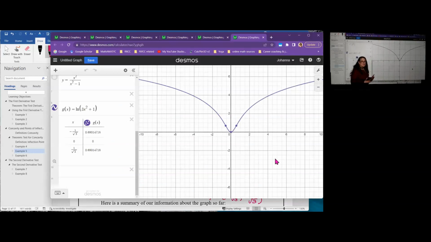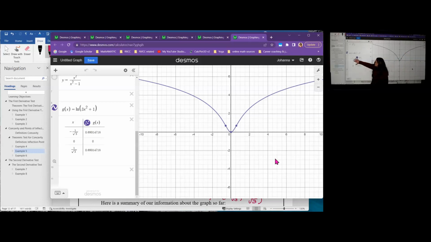This is a kind of interesting function. I find it rather fascinating. It's difficult to tell exactly where the inflection point is without the calculus, but we know there have to be two because it's clearly concave down here and clearly concave up here, again changing to concave down. So the inflection points have to be there.